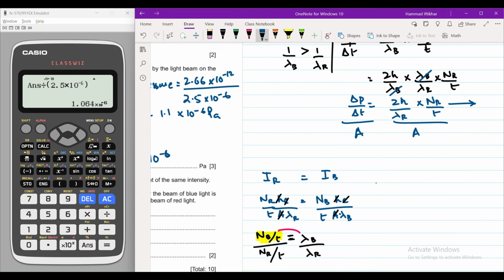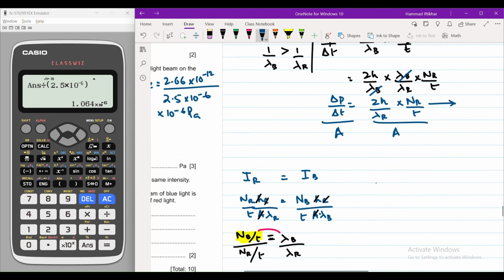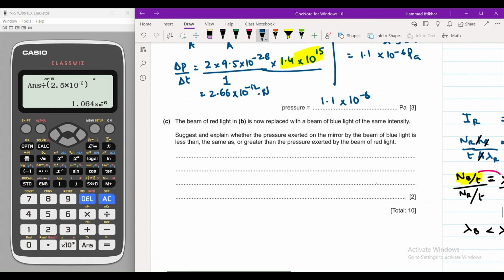Now let's use English to translate all this maths. I've shown you the math and the reasoning behind it, so let's write it in words now.